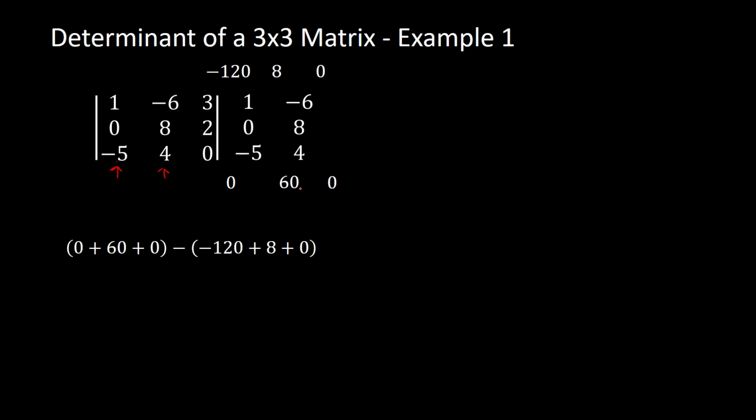So I'm going to subtract all of this bottom, 0 plus 60 plus 0, minus all of these numbers up here. So when I do that, I have 60 minus the -120 plus 8 would give you -112. So minus -112 would give you a plus 112, which would equal 172. So the determinant of this matrix would equal 172.